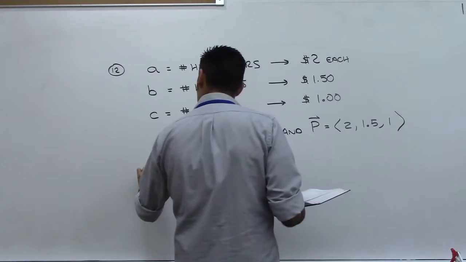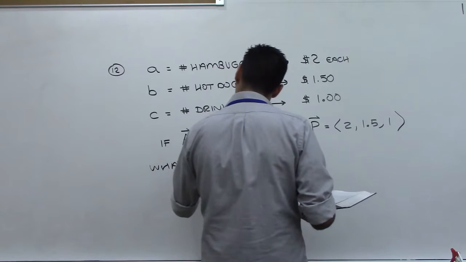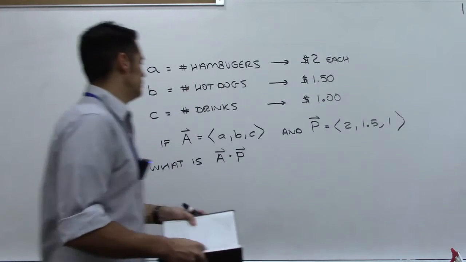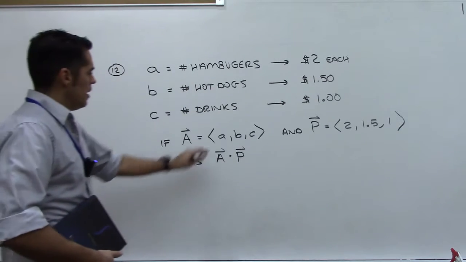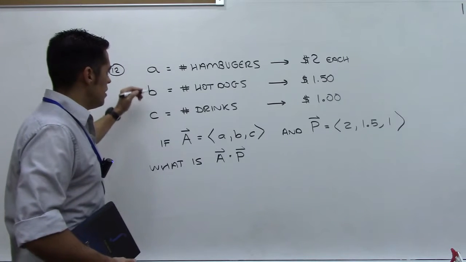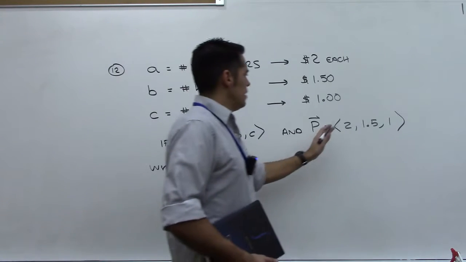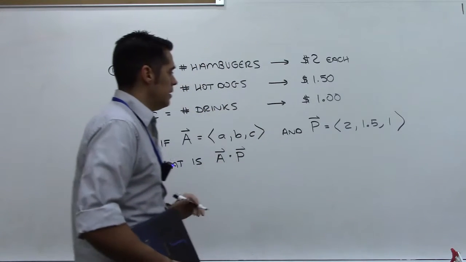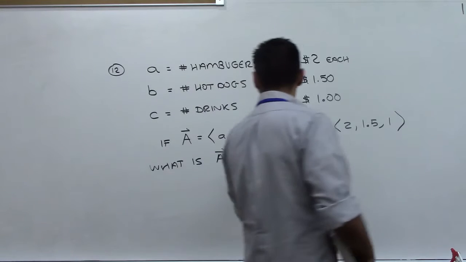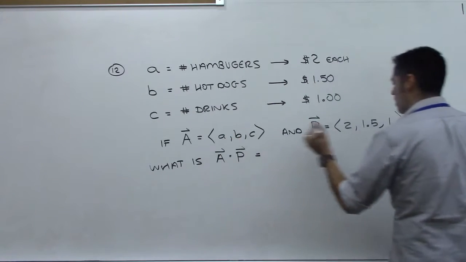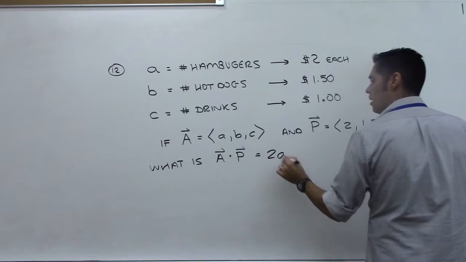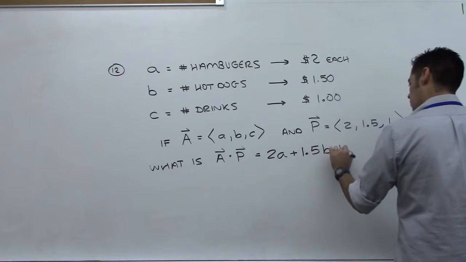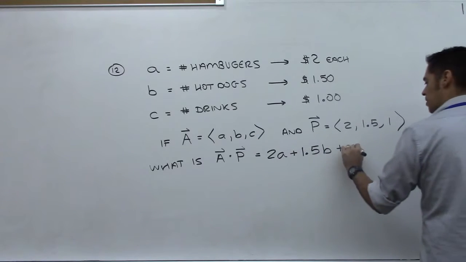What is A dot P? So recognize that ABC are the number of hamburgers, hot dogs, and drinks respectively, and 2, 1.5, 1 are the costs corresponding to the hamburger, hot dog, and drink. So if I dot these two vectors together, I'm going to do A times 2, which is 2A. Do B times 1.5 and add it, so 1.5B. Plus C times 1, which is C.